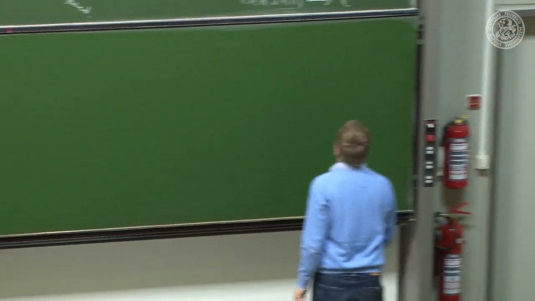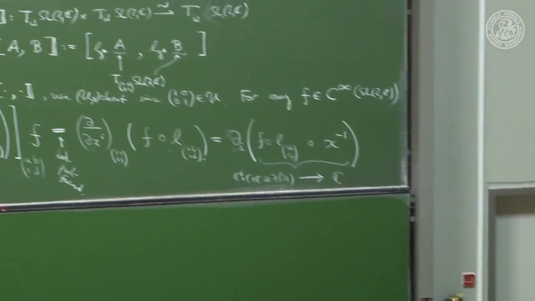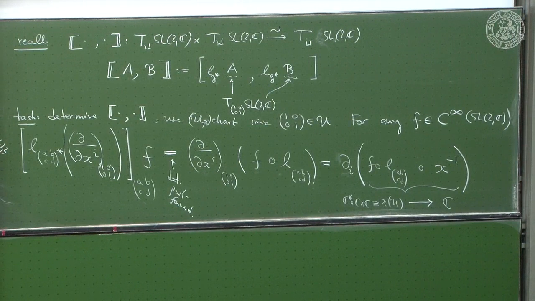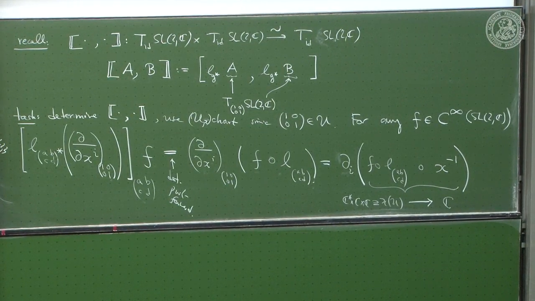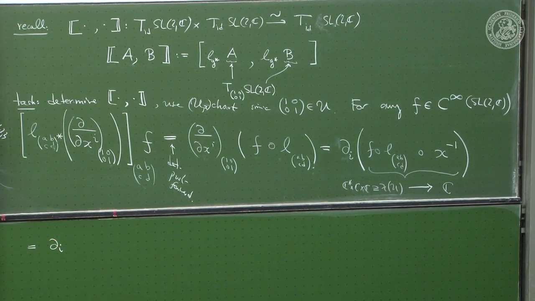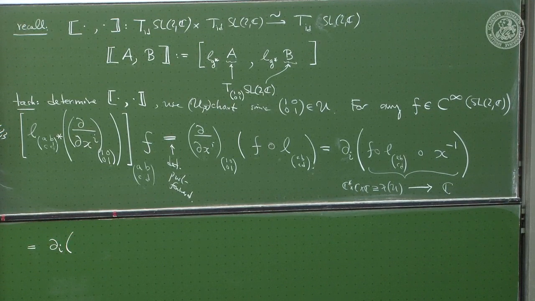So we have this. Now, this makes sense. But now I want to go one step further, and I insert yet another pair of chart map and inverse chart map.